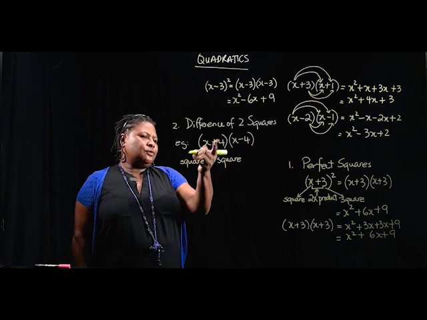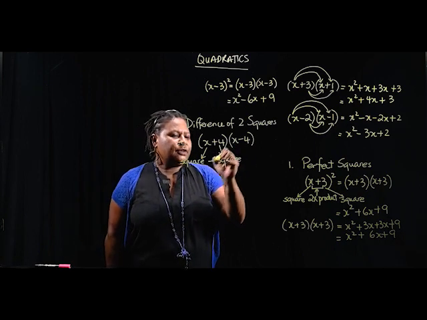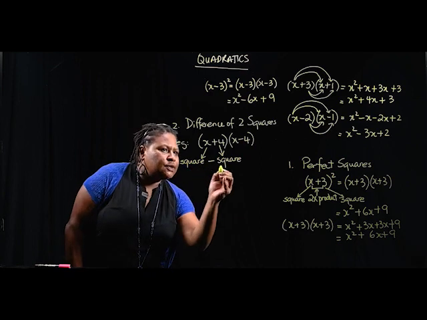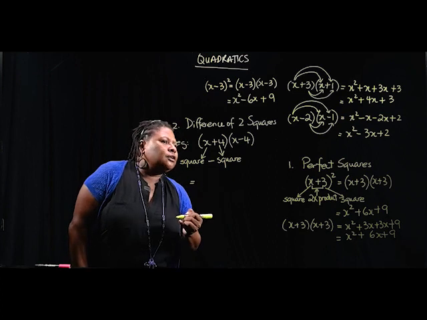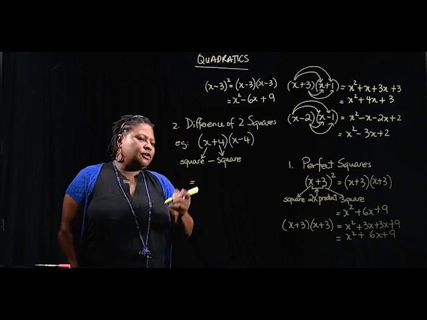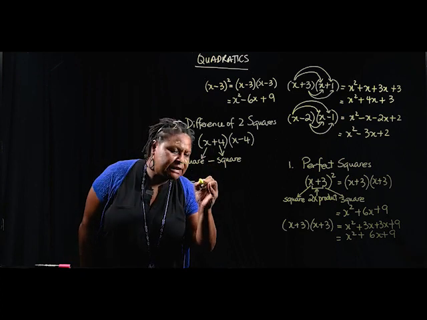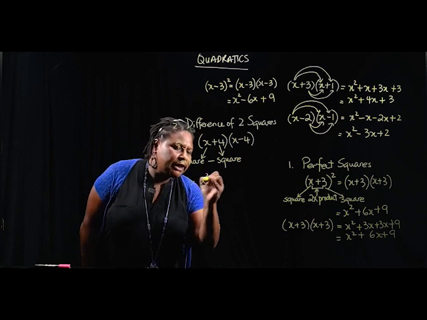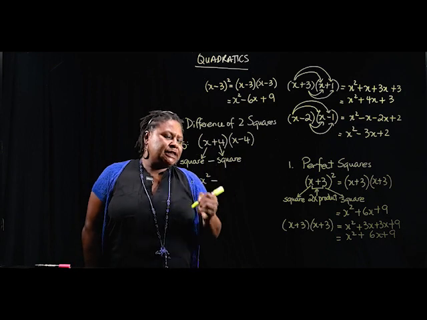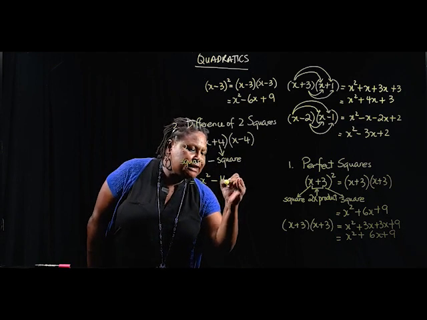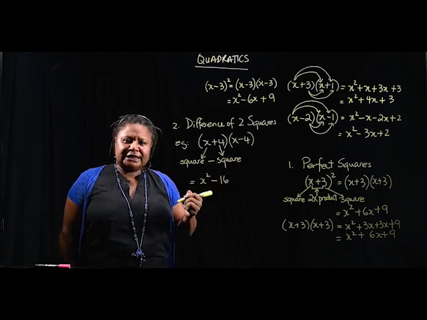So let's use the general rule. x plus 4 times x minus 4: the square of the first term is x squared, minus the square of the second term, which is 16. 4 times 4 is 16.